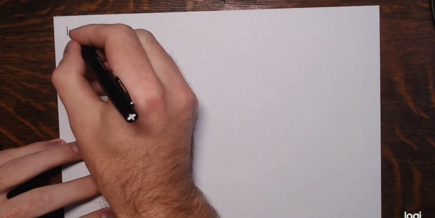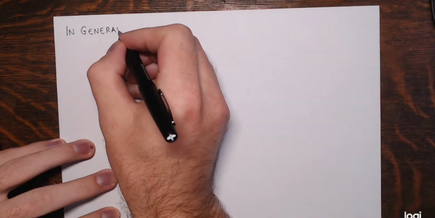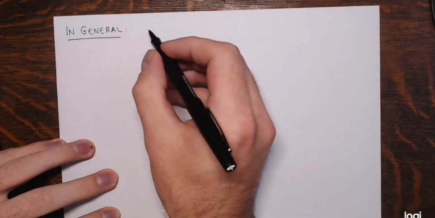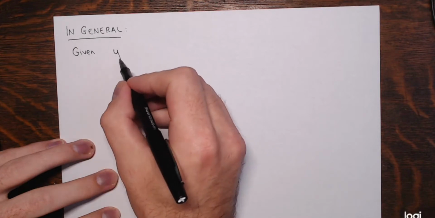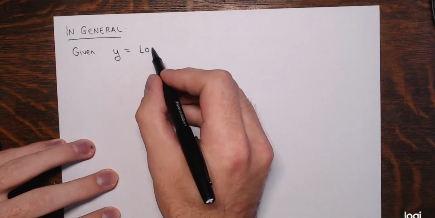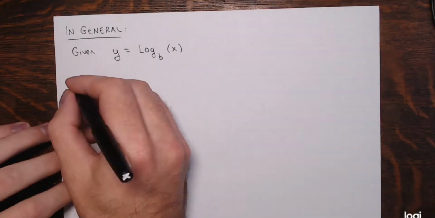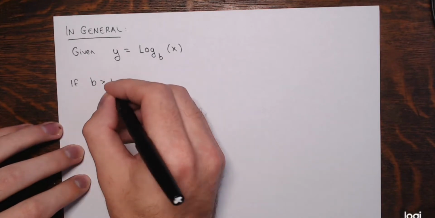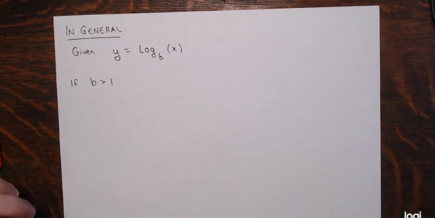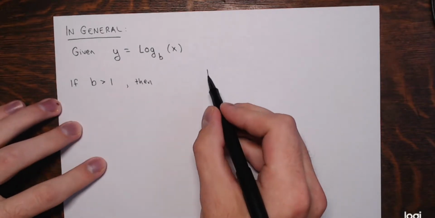So in general, given y equals the log base b of x, if the base is bigger than 1, as we've been seeing in these examples, base 2, base 6, base 1.5, then the graph will look like this.